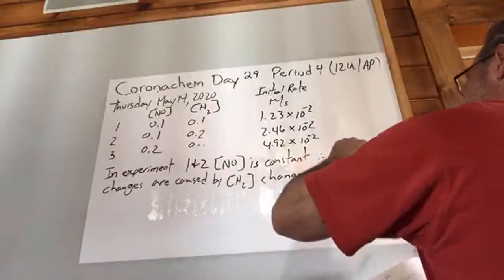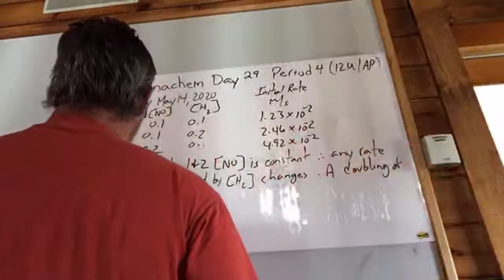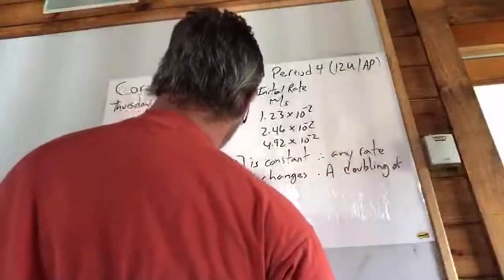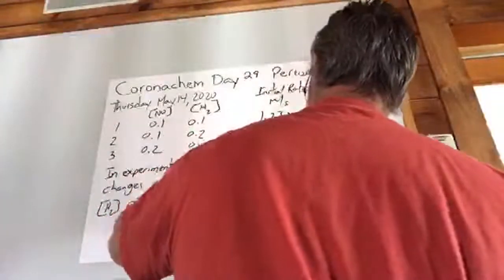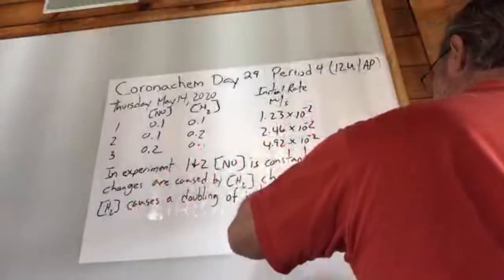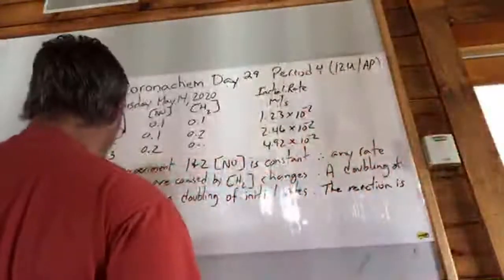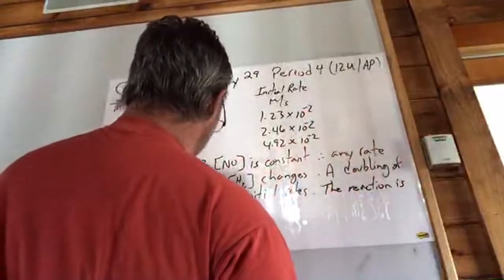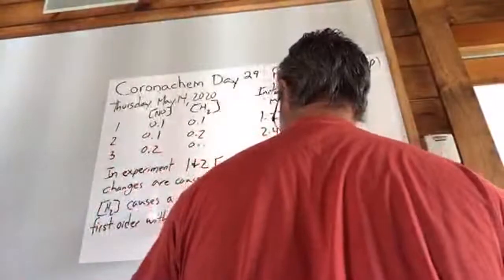A doubling of H2 concentration causes a doubling of rate. The reaction is first order with respect to hydrogen concentration.